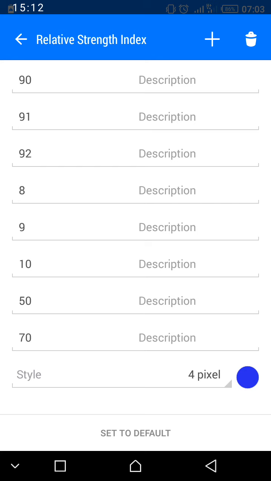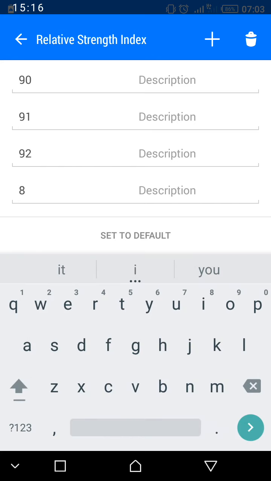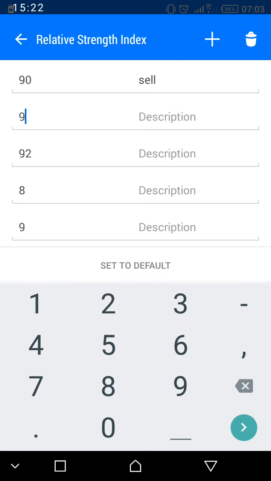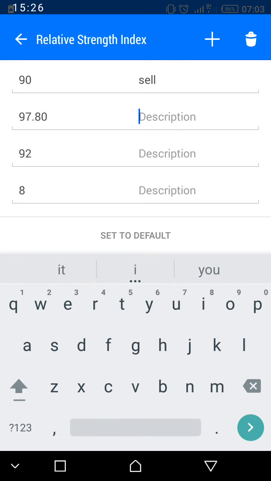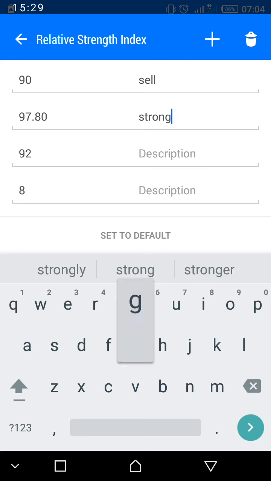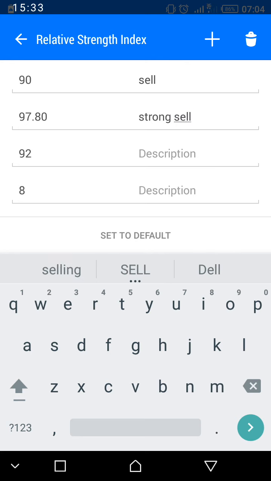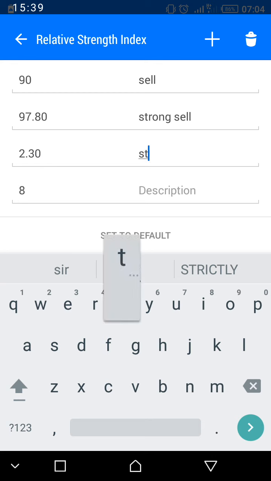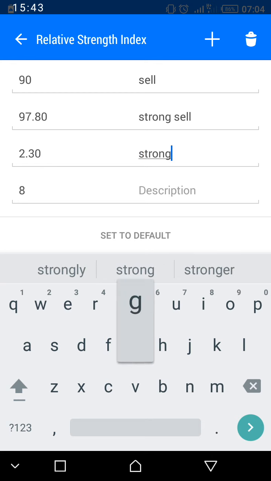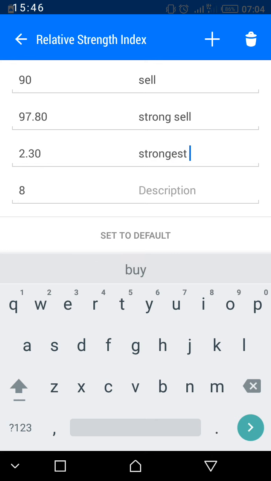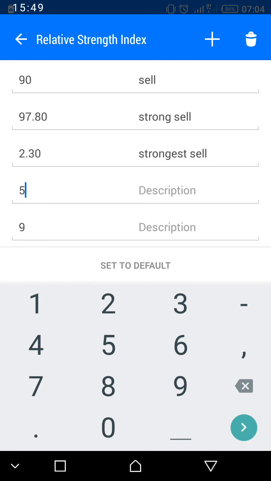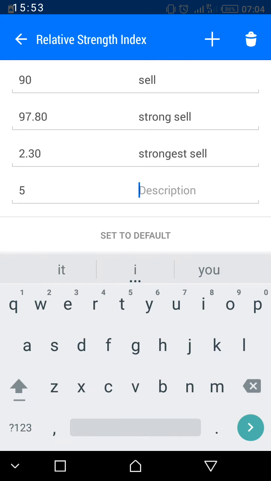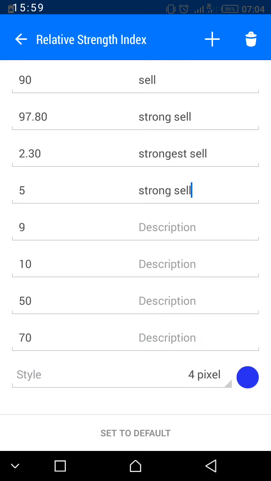The levels: 90 sell, 97.80 strong sell, 2.30 strong sell, 5 strong sell, then 10.